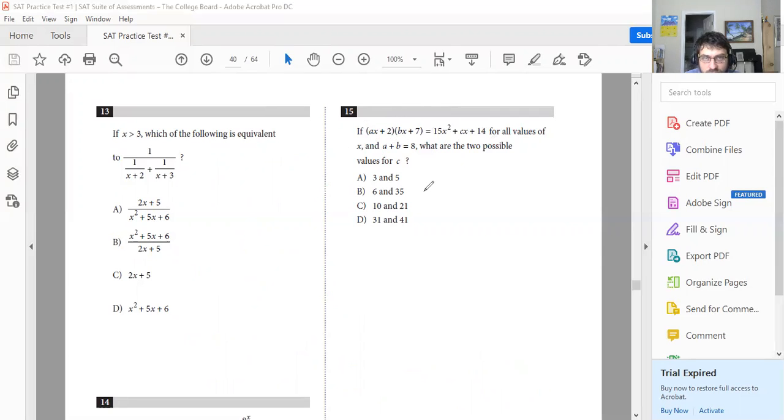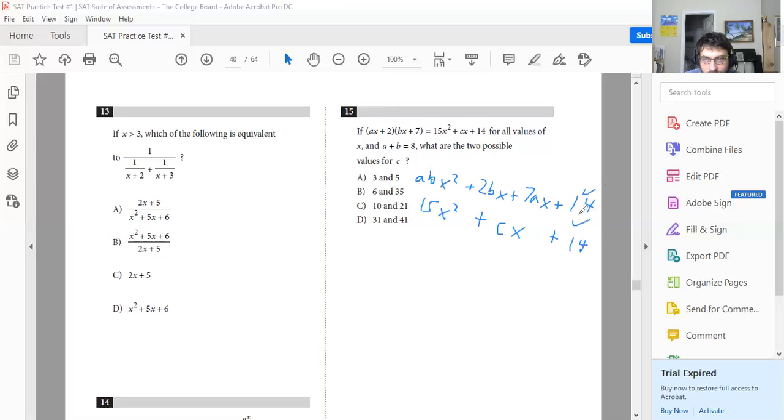So it looks like we're going to need to distribute that. abx squared, foiling out, plus 2bx plus 7ax plus 14 has to equal our other one, 15x squared plus cx plus 14.